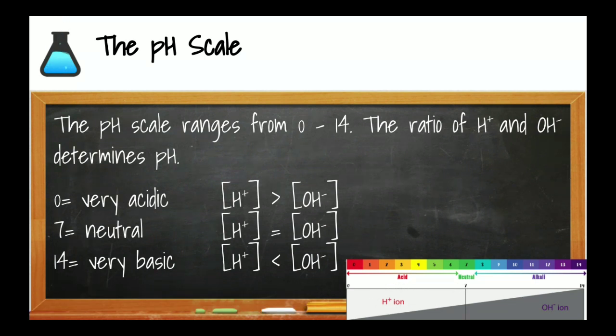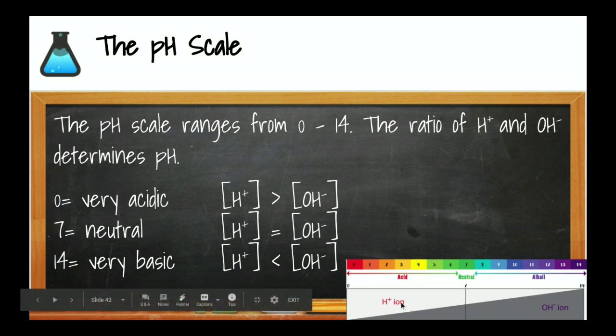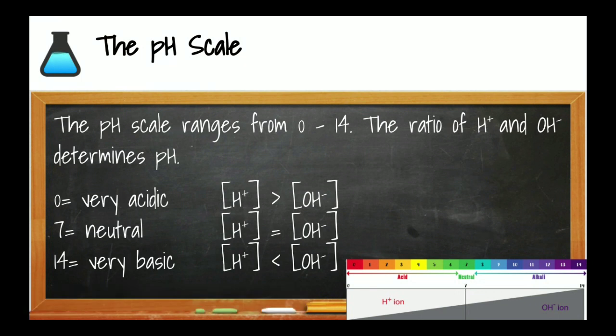Not only do acidic solutions have a pH of less than 7, but they'll always have a greater concentration or molarity of hydrogen ions compared to hydroxide ions. At a neutral pH of 7, the concentration or molarity of hydrogen ions will always equal that of hydroxide ions.